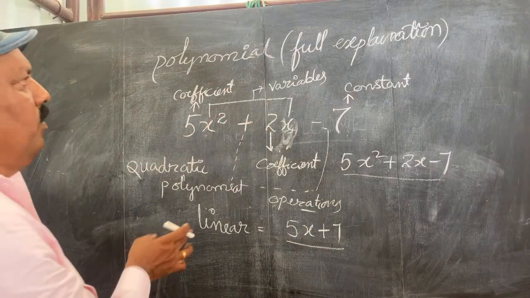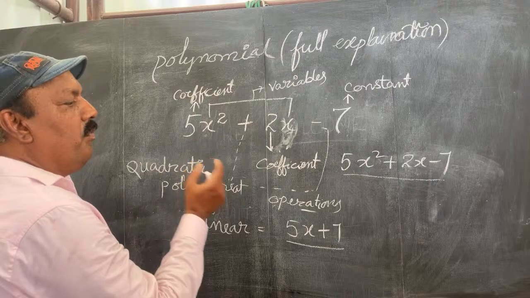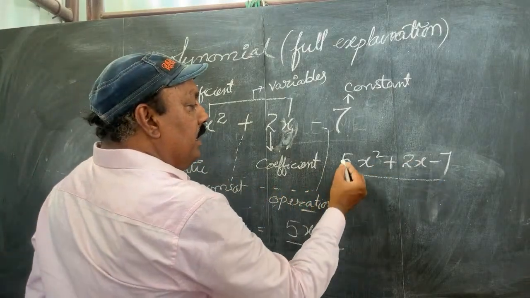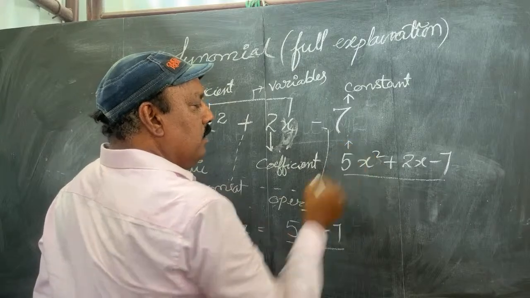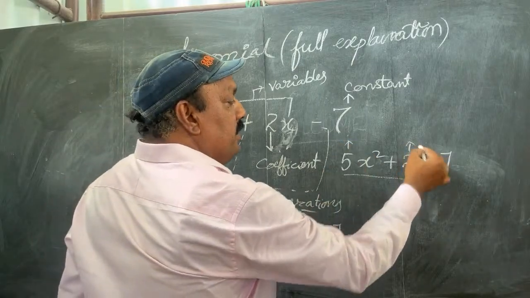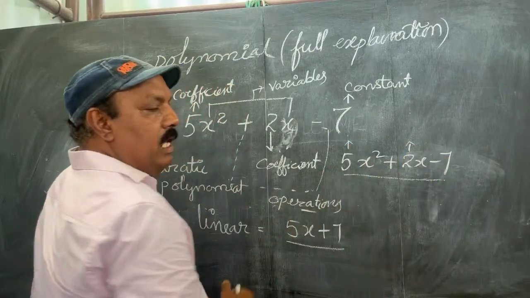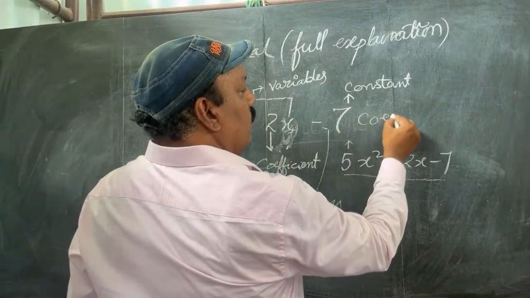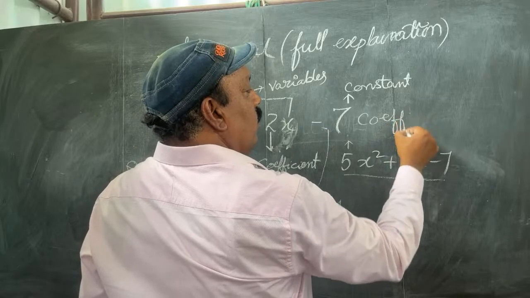Once again, what is a polynomial? It has this kind of equation. Here the numbers 5 and 2 present in front of the variables are called coefficients.